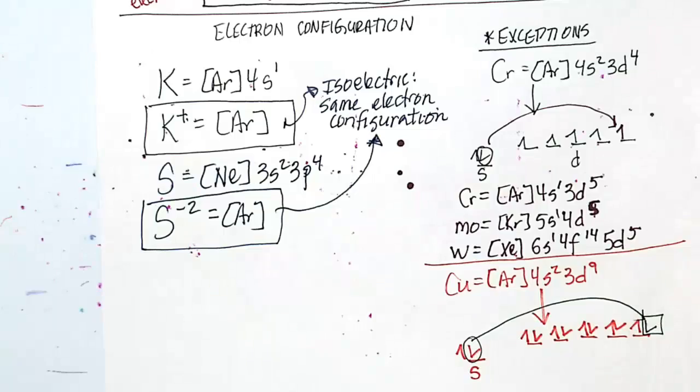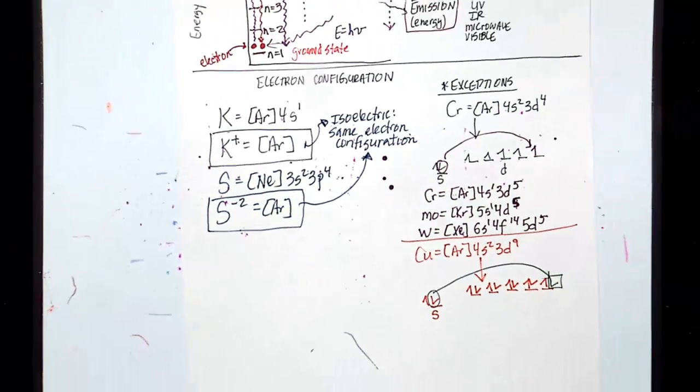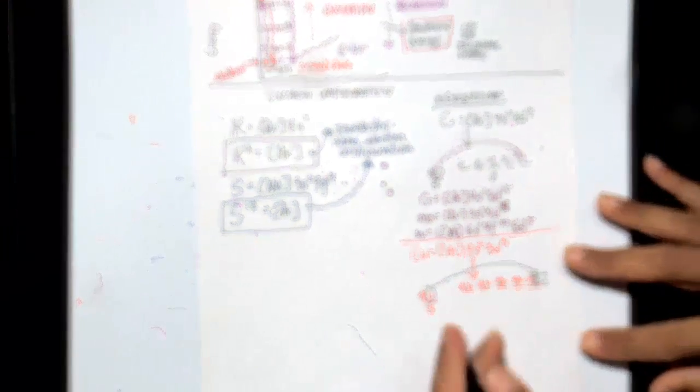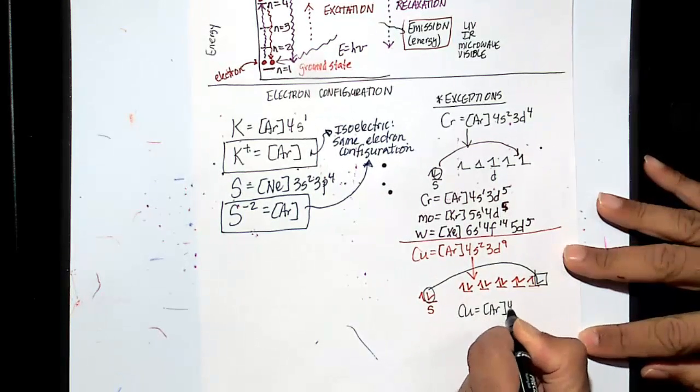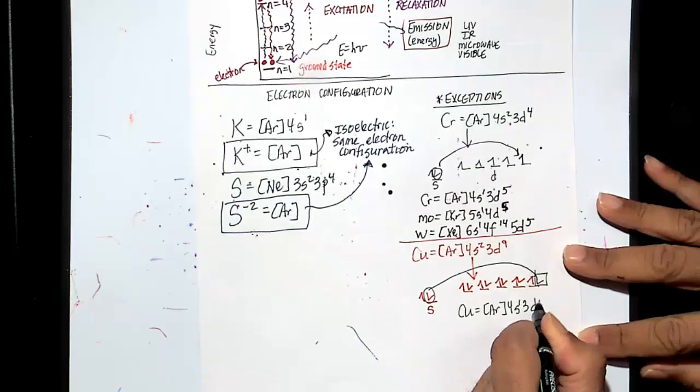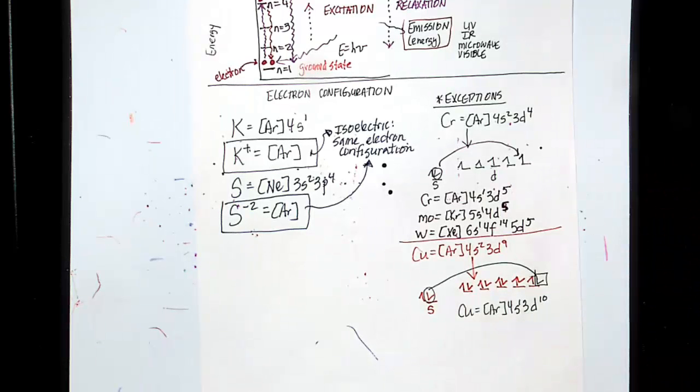Totally on its own, spontaneous. So the correct electron configuration for copper is going to be argon 4s1, 3d10. Okay, self-promotion.